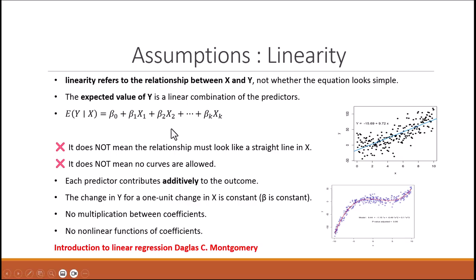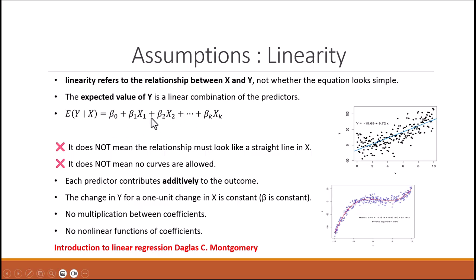Each predictor contributes additively to the outcome. The change in y, the dependent variable, for a one unit change in x should be a constant. It means b should be a constant.